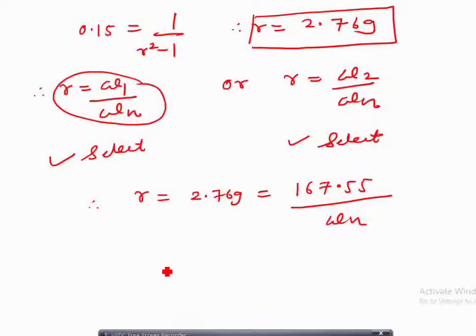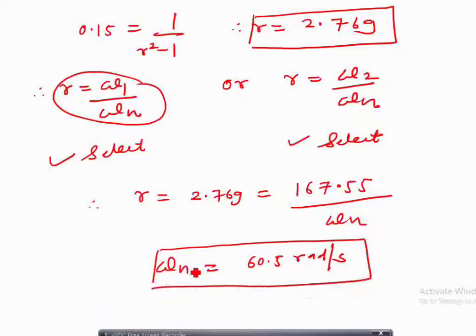We have to calculate omega n. I am getting omega n equal to 60.5 radian per second. Once you select omega 1 and find out omega n, you know that omega n square is equal to g upon del st.